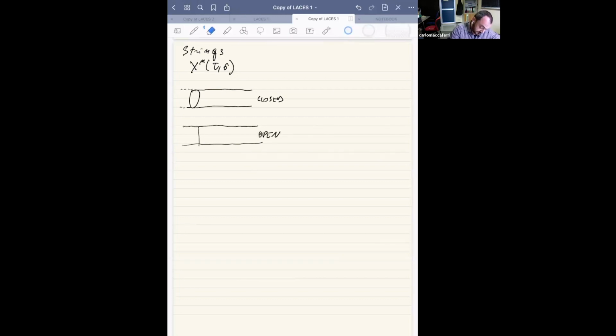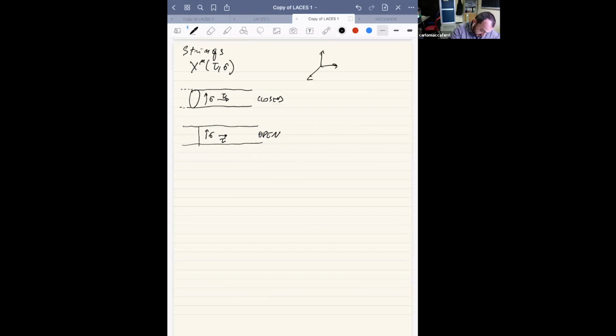So these are two-dimensional surfaces that are spanned by these coordinates sigma and tau, and these maps describe the embedding of these two-dimensional surfaces in Minkowski space.